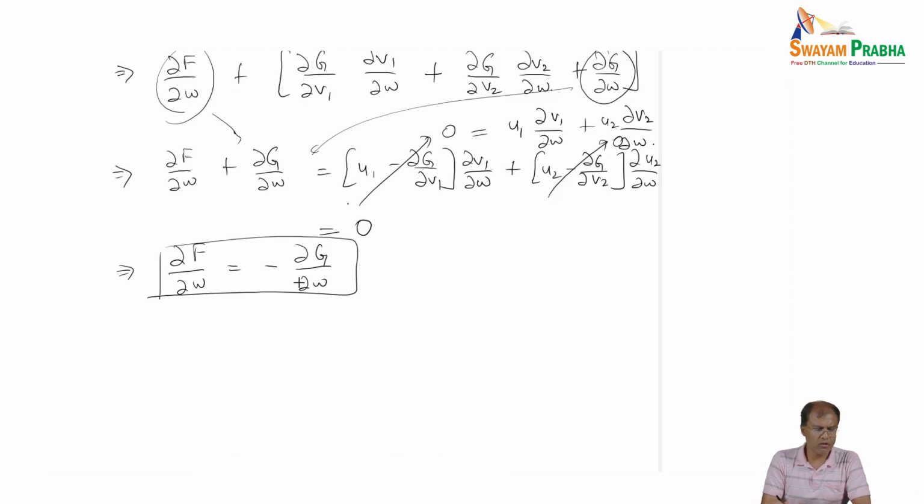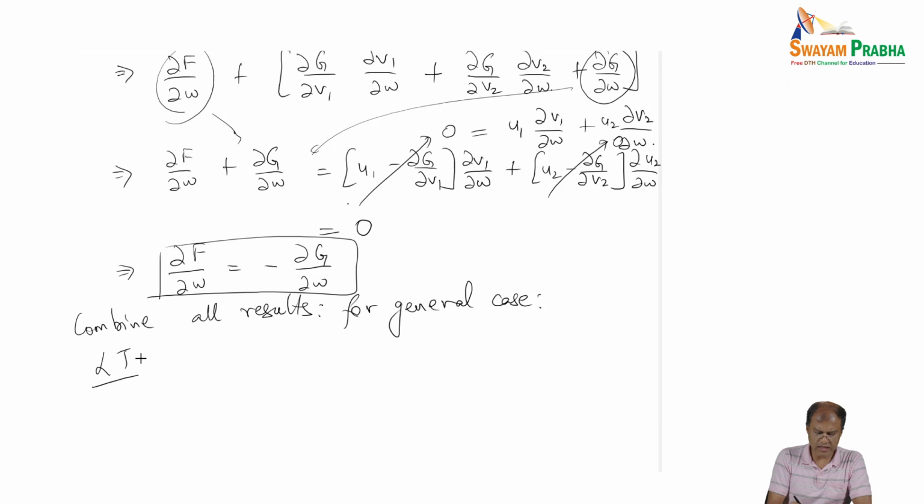Now let us combine all these statements in the more vectorial notation to wrap up the discussion on Legendre transform. So combine all results. This is for the general case.